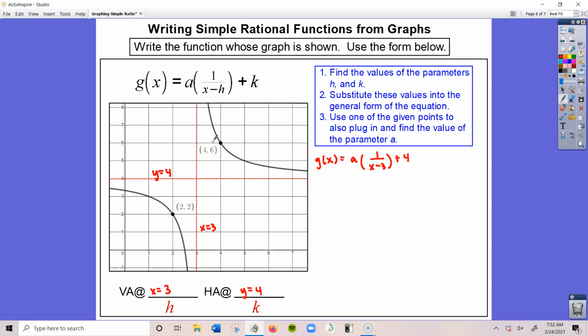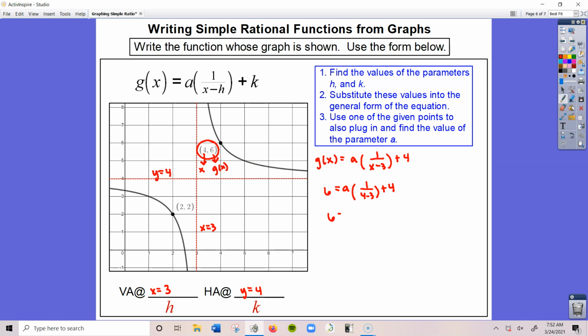Let's say that I pick (4, 6). So I'm going to plug in 4 for the x and 6 for the y, which is also g of x. So my equation would be 6 is equal to a parentheses 1 over 4 minus 3 plus 4.